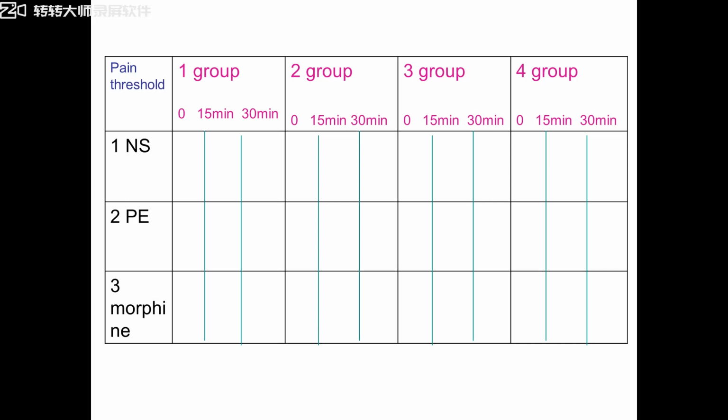Morphine is the prototypical agent of opioid receptor agonists. But in clinic, the commonly used opioid receptor agonist is PE, pethidine. And in our experiment, we have proved pethidine also has strong analgesic action.